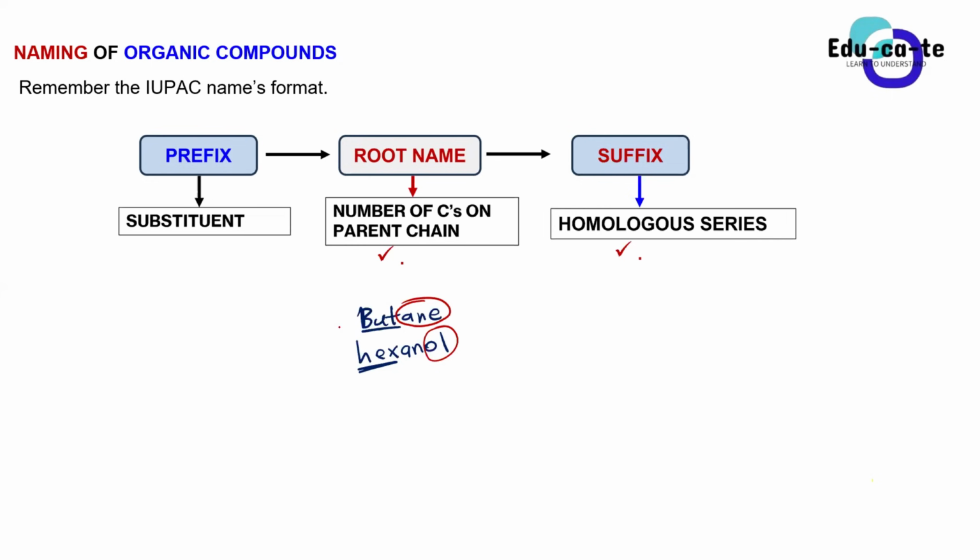Before you write the root name, you must write the first part of the name, and that first part must be the substituent. The substituent can either be a side chain, which consists of a carbon, it must have a carbon in it, or it can be a halogen. At least for grade 12, you'll only do this one.